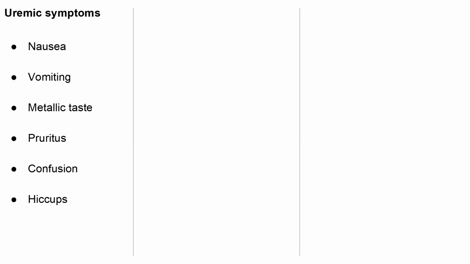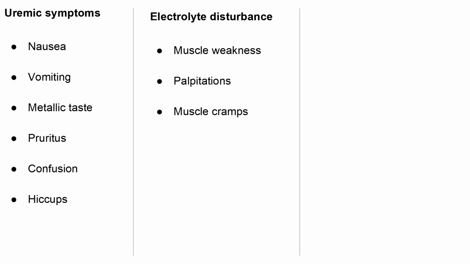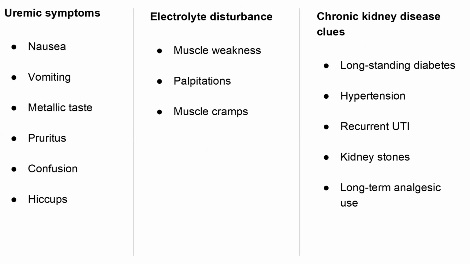Uremic symptoms such as nausea, vomiting, metallic taste, pruritus, confusion, hiccups. Electrolyte disturbance: muscle weakness, palpitation, muscle cramps. And clues to CKD: long-standing diabetes, history of hypertension, recurrent UTI, kidney stones, long-term analgesic use. Next, we are moving on to a small slide on the indications for dialysis.